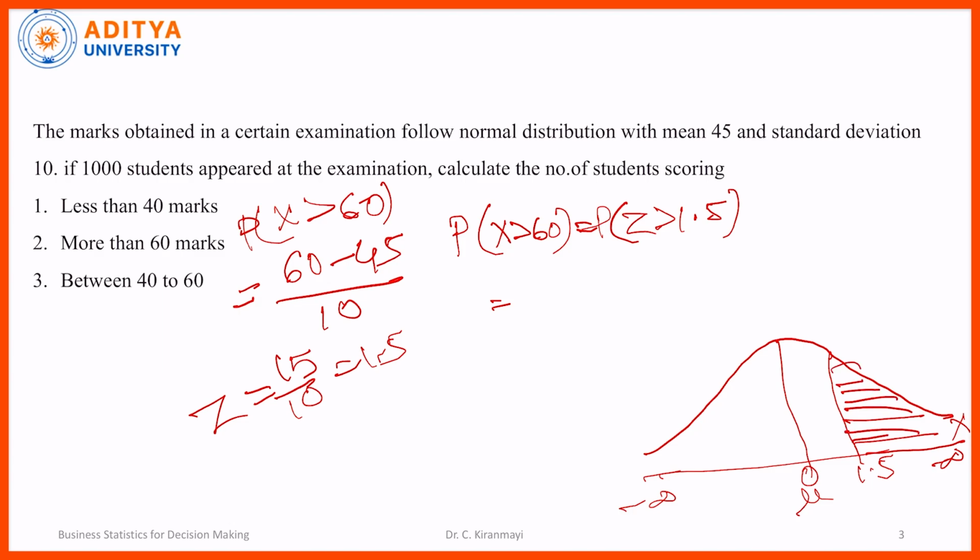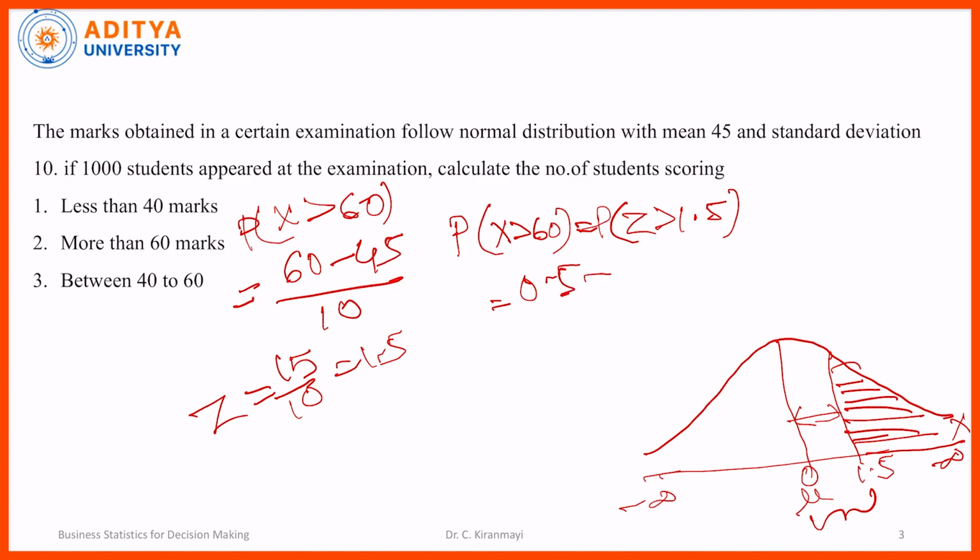The shaded region denotes the data points greater than 1.5. To find the area of this region, we have to subtract the area between 0 and 1.5 from 0.5 again.